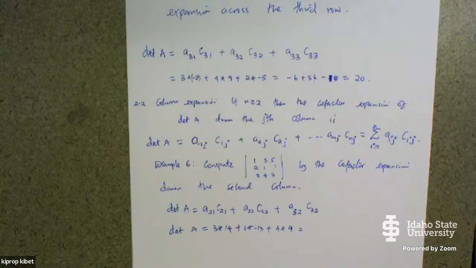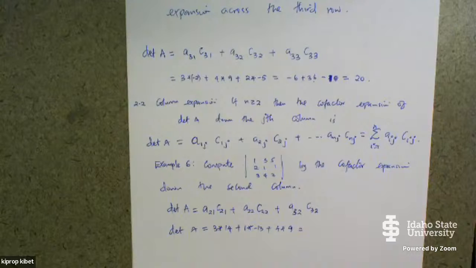Because we're using the second column. We're using this column here. You get that point? Yes. So we are using this column. So we are taking this one multiplied by the cofactor. This one multiplied by the cofactor. This one multiplied by the cofactor.